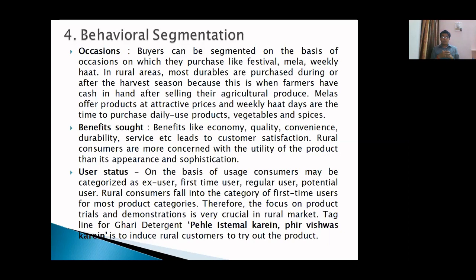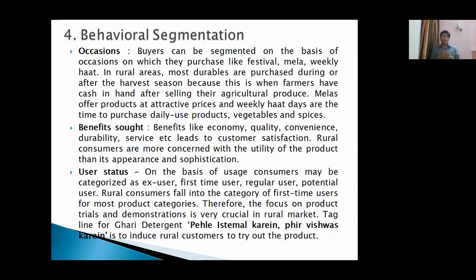So the marketer must know which type of product will be sold in these haats, and accordingly they could tap the customer with those products in that weekly haat, or in Mela, or any such kind of activity or occasion.